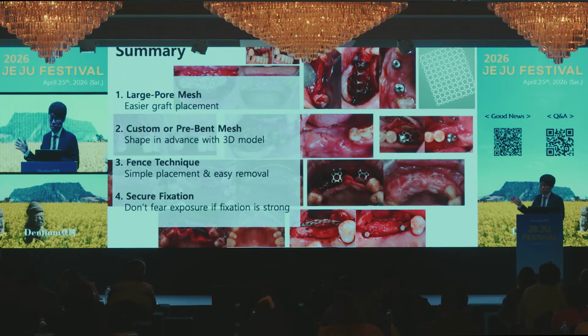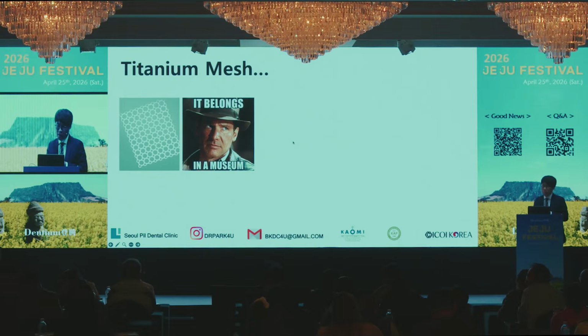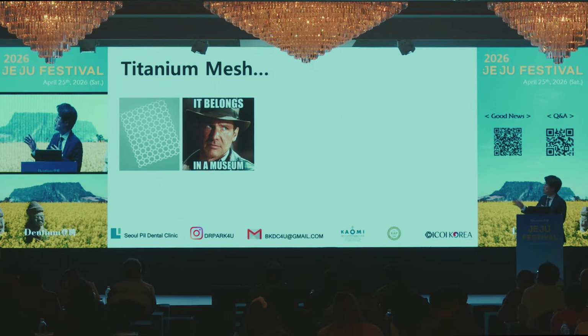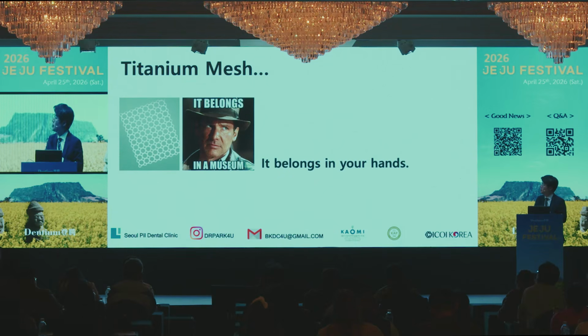We may not see these challenging cases very often, but when you do, they can be a good treatment option. Some people say titanium mesh belongs in a museum, it's an old style, but I say with this technique, this fence-like shape approach, it belongs in your hand.